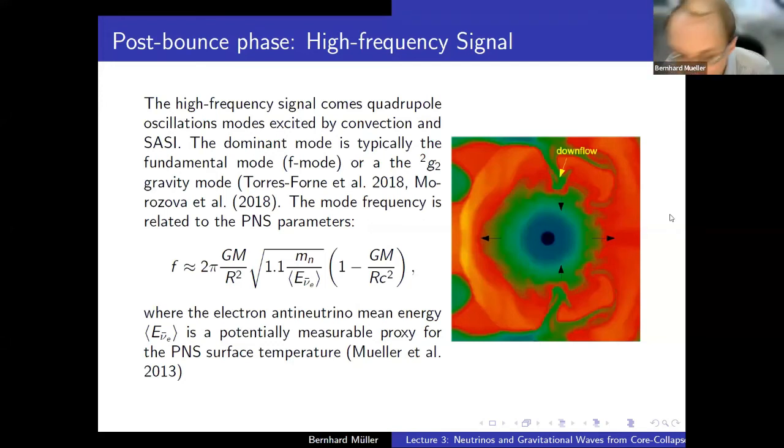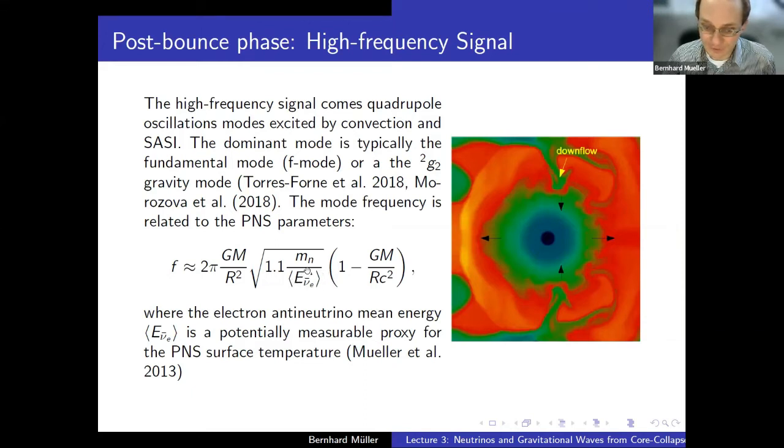And then the beautiful thing is that you can tie the characteristic oscillation frequency of this region to basic neutron star parameters: the neutron star surface gravity, Gm over r squared, and the neutron star surface temperature, which is very closely related to the mean energy of the emitted antineutrinos.